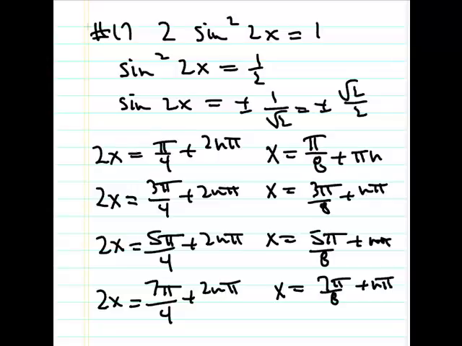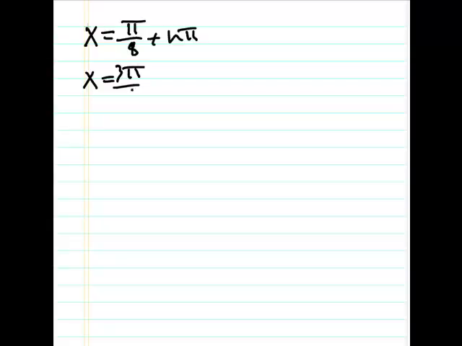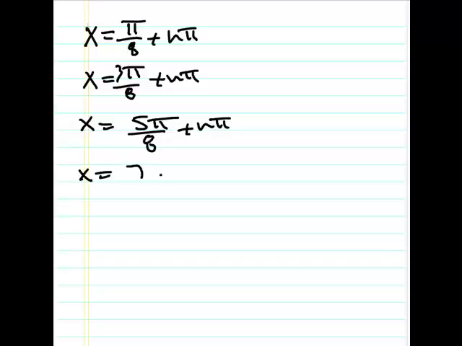Okay, so recalling what we had a minute ago, we had x is equal to pi over 8 plus n pi, 3 pi over 8 plus n pi, 5 pi over 8, and x is equal to 7 pi over 8.